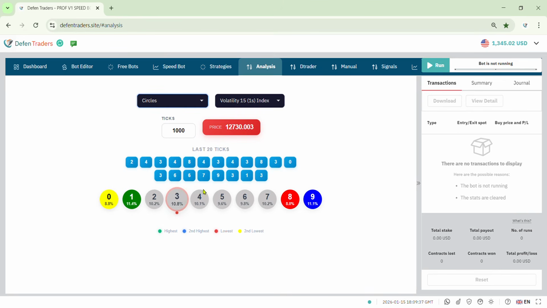Even if the blue bar is still above. If the third most appearing would be here, and also the blue bar digit above 5 still, we would consider now trading over 5 instead of under 5.